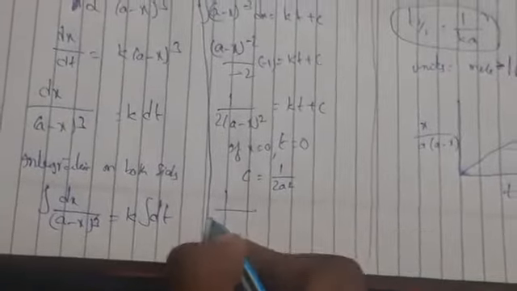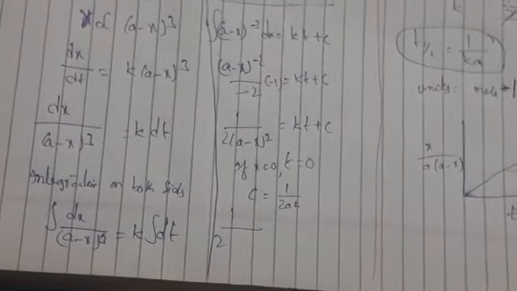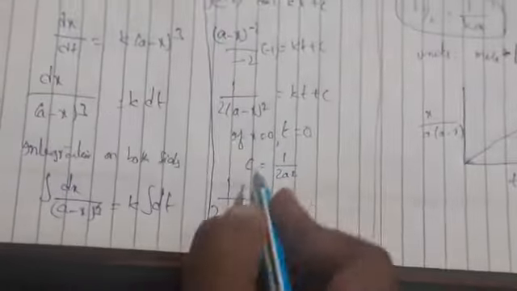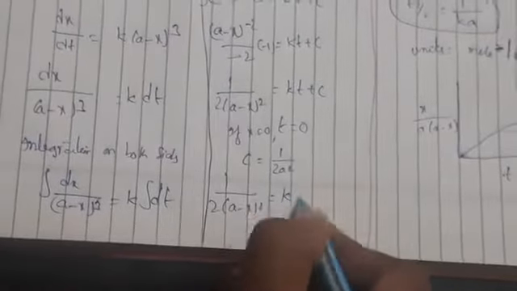So when you substitute this here, what are you going to get? We are getting 1 by 2 into (A minus x) whole square equals kt plus 1 by 2a square. This one will come to this side, and we can do the LCM, that is 1 by 2 into (A minus x) whole square minus 1 by 2a square is equal to kt.